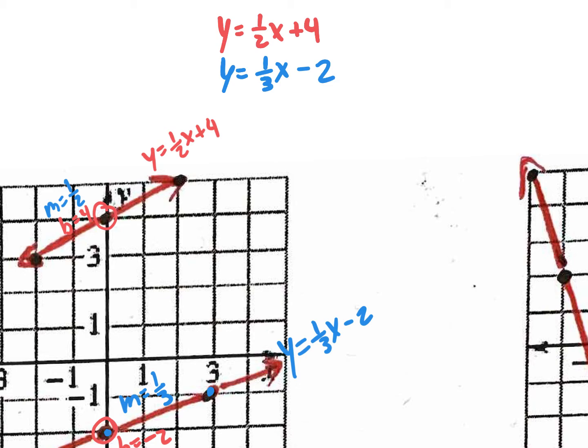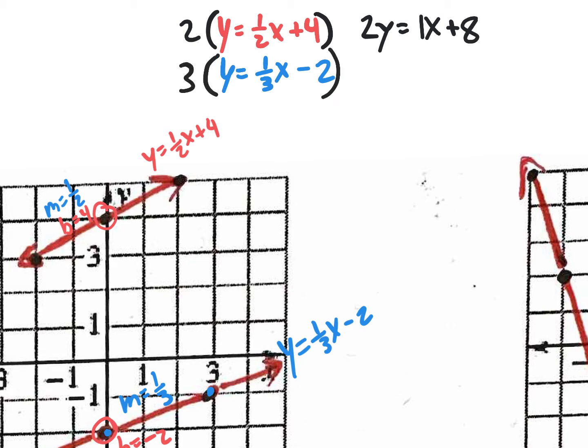So the beauty of a system is that you could modify any equation by doing anything you want as long as you do it to the whole entire equation. So I'm going to multiply this top one, everything, by 2, giving me 2y equals 1x plus 8. And I'm going to multiply this bottom one by 3, giving me 3y equals 1x minus 6.